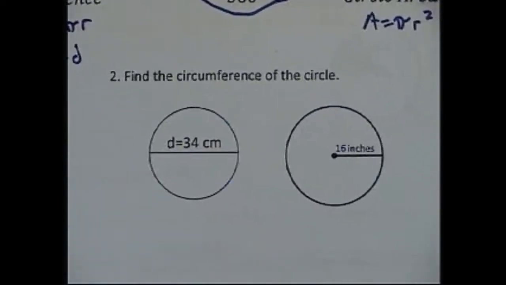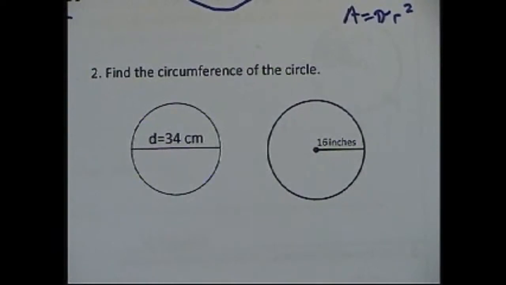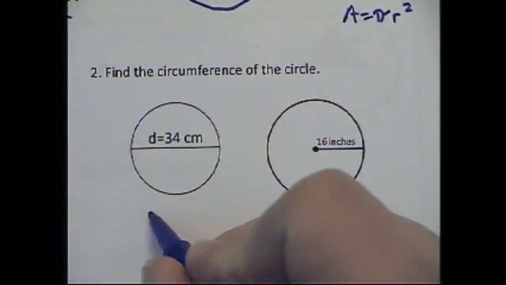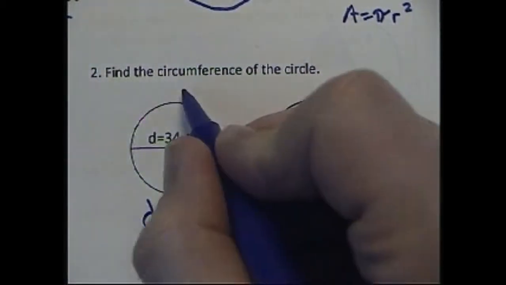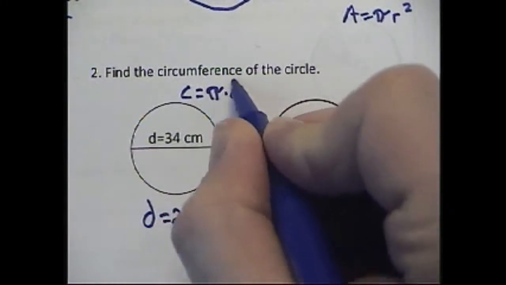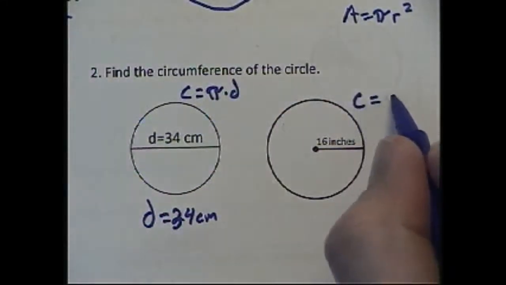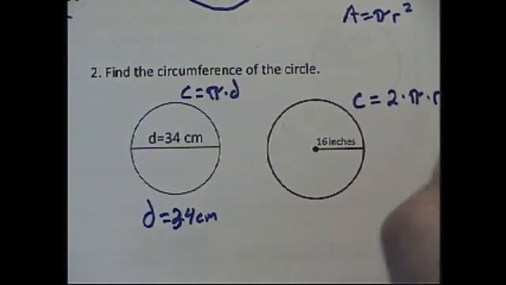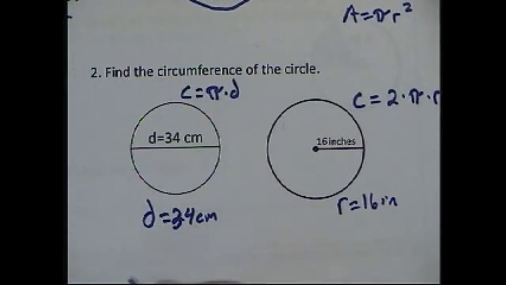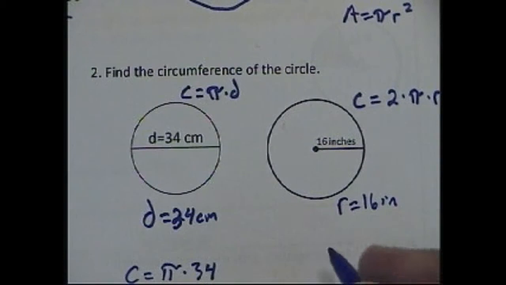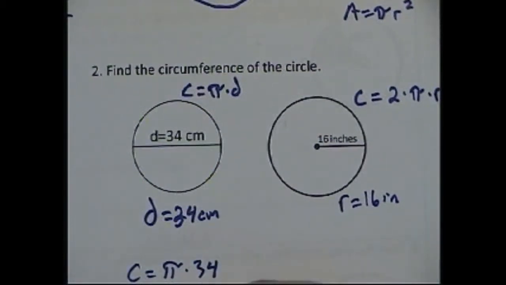For circumference, we are going to use either formula here. Since we have diameter, we can use circumference equals pi times diameter. Since on this side we have radius, we can use the 2 pi r. Over here, circumference is going to be pi times 34 for a total of 106.8 centimeters.